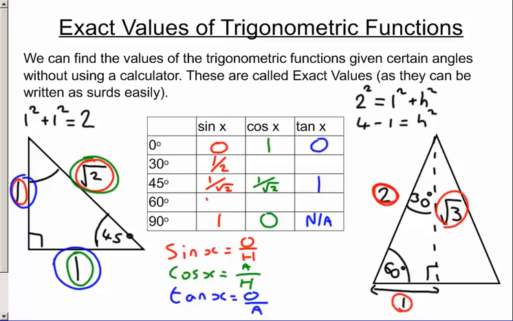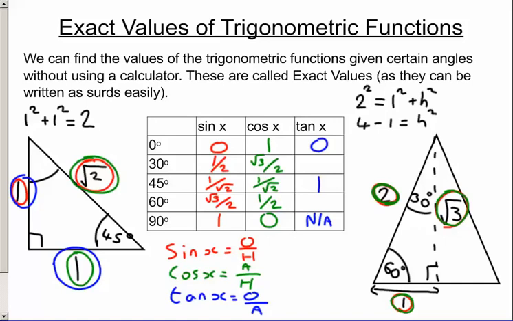So this time it's root 3 over 2. Because when we're looking at cos of 30, it's the adjacent, which is root 3 over the hypotenuse, which is 2. So we have root 3 over 2. And for 60, it's the adjacent, which is 1 over the hypotenuse, which is 2. So it's 1 over 2.